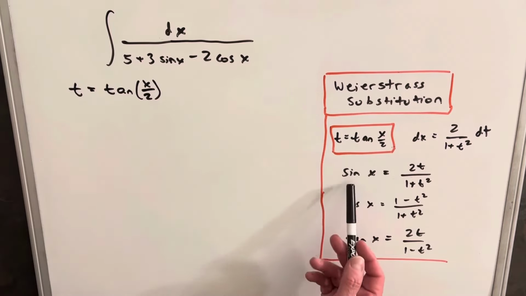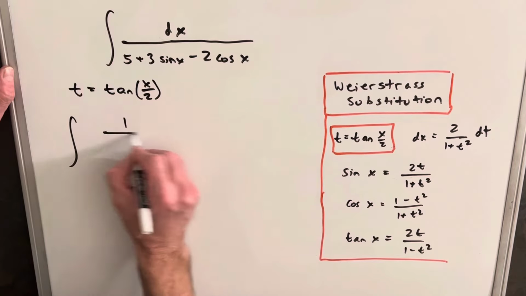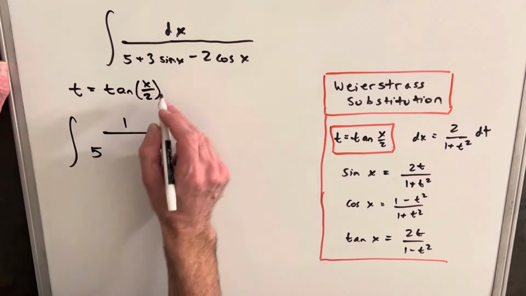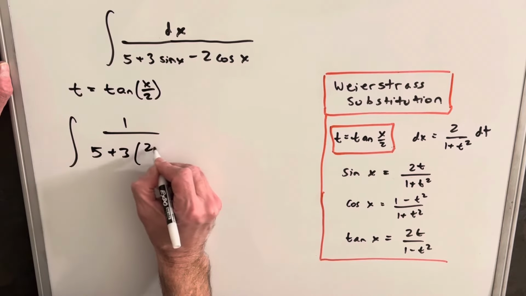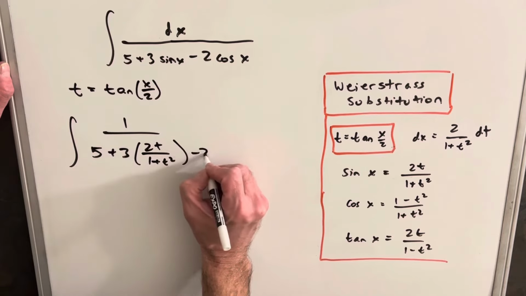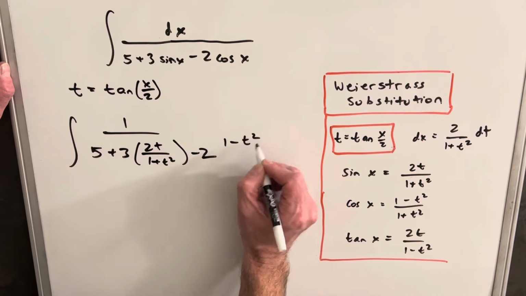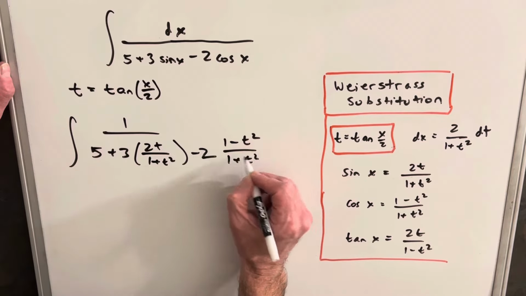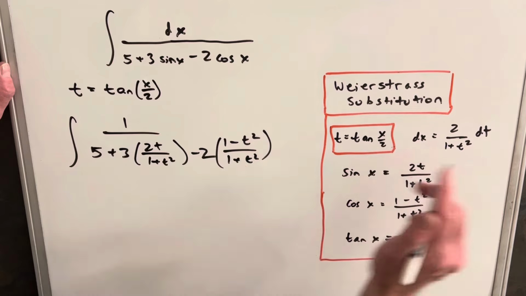So we have here the values for sine and cosine, so we can make this substitution. I'll just put a 1 in the numerator, and we're going to have our 5 plus 3 sine of x being 2t over 1 plus t squared, and then a minus 2 cos x, which is 1 minus t squared over 1 plus t squared, and then we just need our dx value, which is going to be this over here.